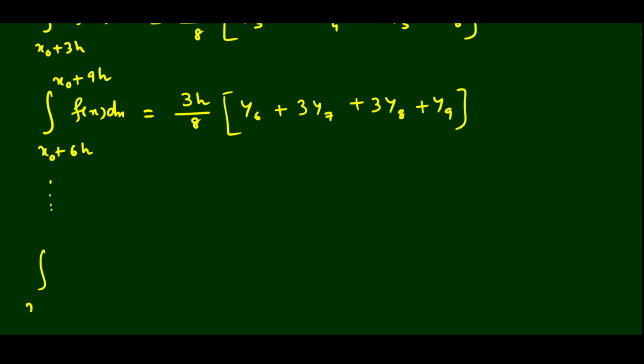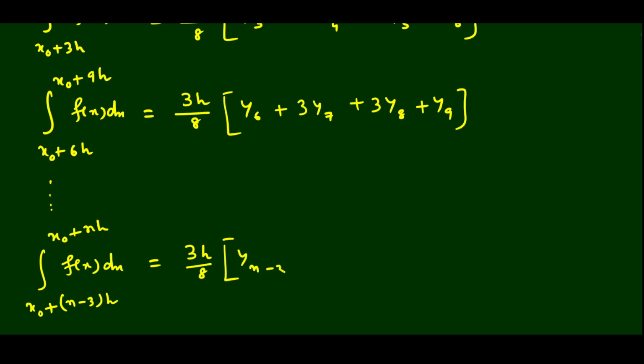Our last integral will be x0 plus n minus 3h to x0 plus nh f of x dx. So now let us see what will be our right hand side. 3h/8. We will start from yn minus 3. Then next will be yn minus 2. Then 3 into yn minus 1. And finally yn.